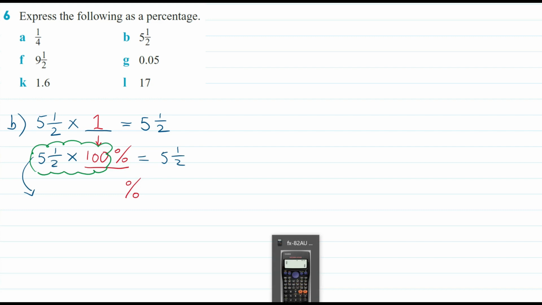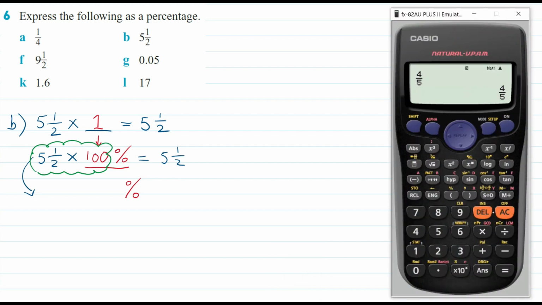So let me open up the calculator. Let's clear the screen and shift fraction to get the 3 boxes up. You must get the 3 boxes up in order to insert mixed numerals. So 5.5 times 100 gives us 550.